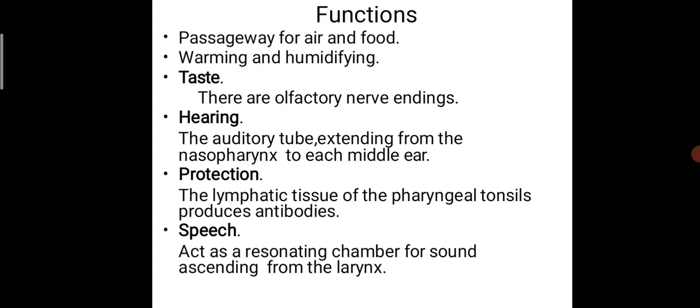So during an irritant they fight against it, so it has a role in protection. Then speech. The voice coming from the larynx is resonated by the pharynx, so it plays an important role in the speech phenomenon.